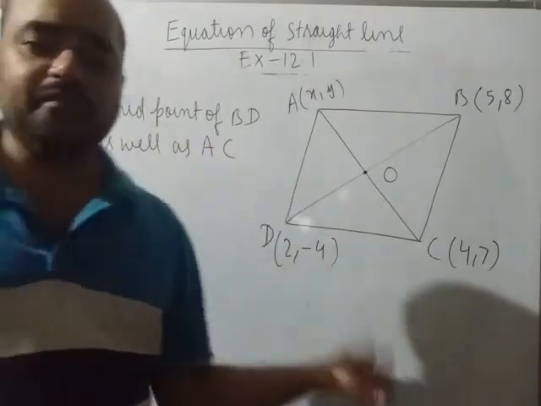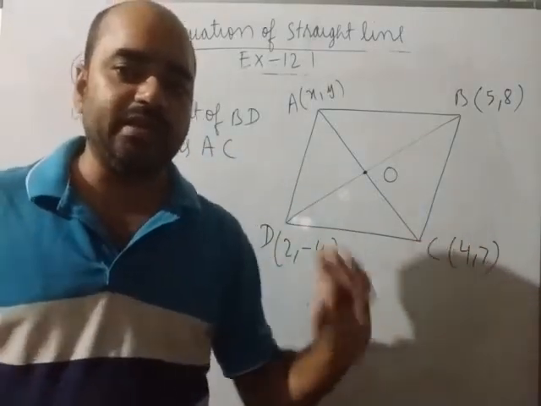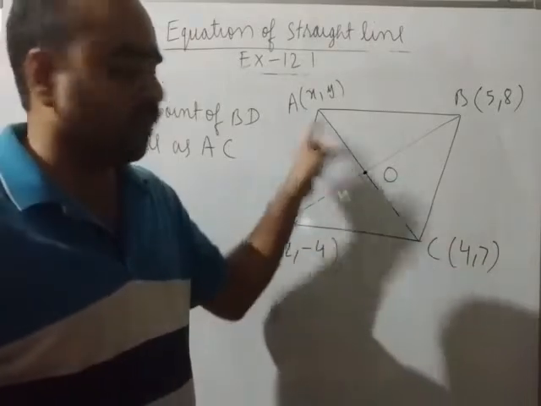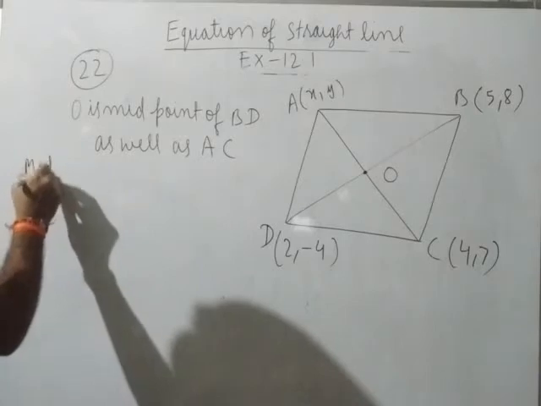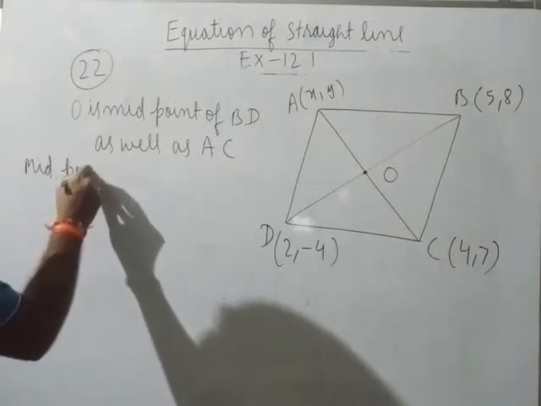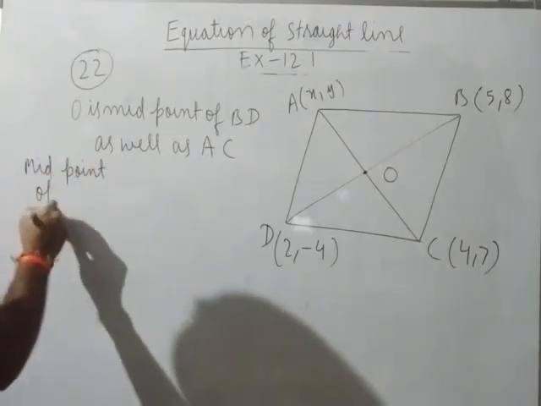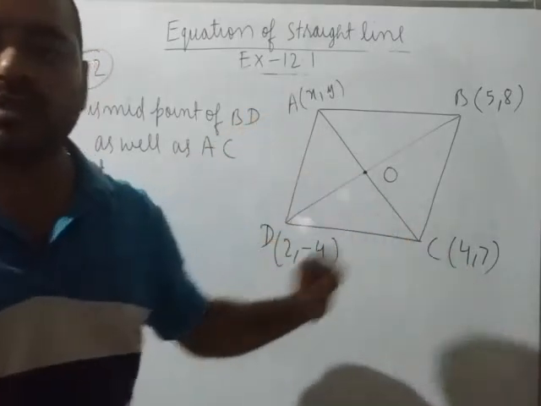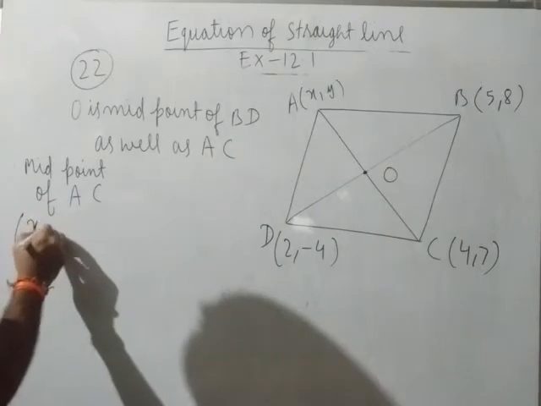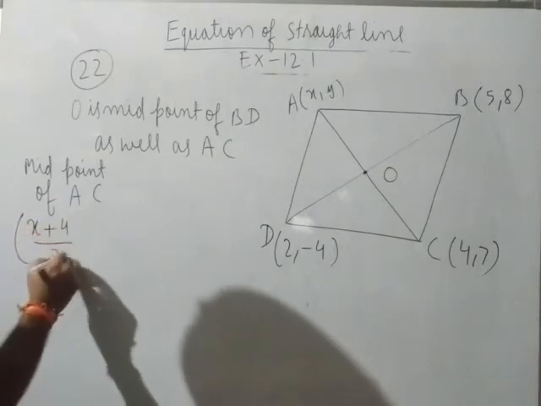So we will calculate both the midpoints and equate. First calculate the midpoint of AC. What is the midpoint of AC? Calculate x1 plus x2 by 2, it means x plus 4 by 2.